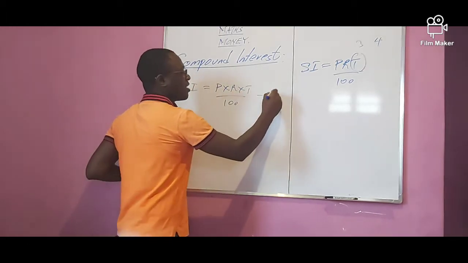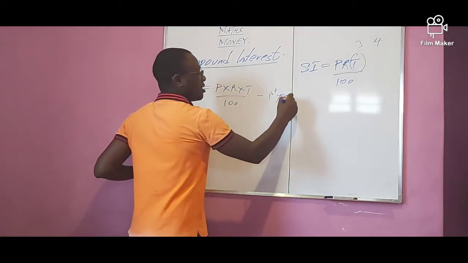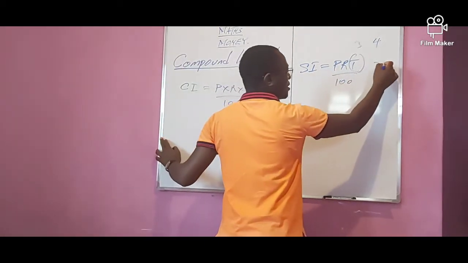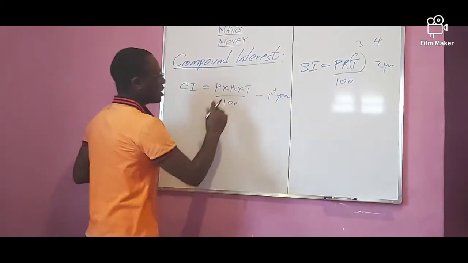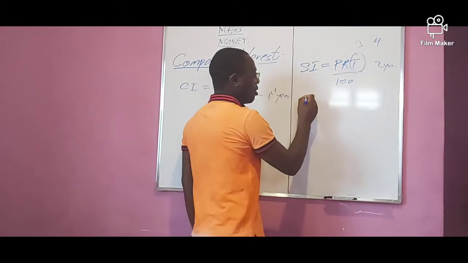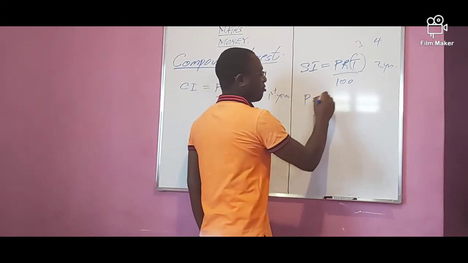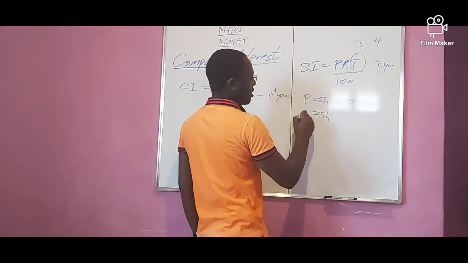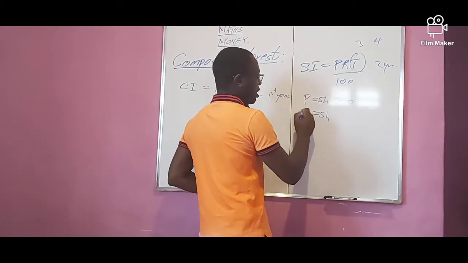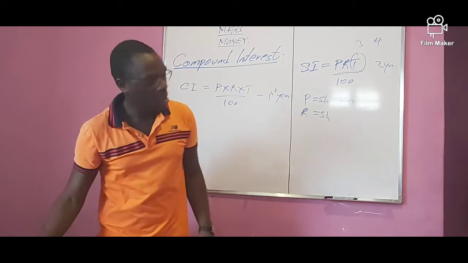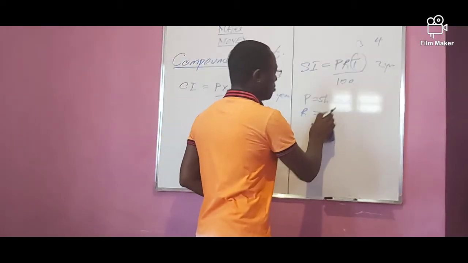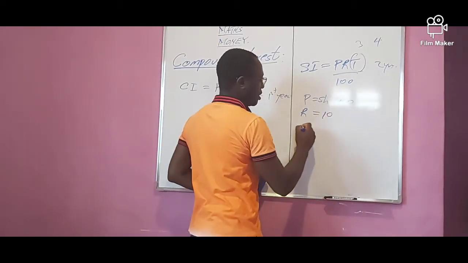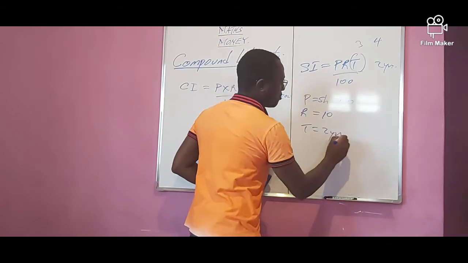This is the first year. So let's assume it was 2 years, and let's come up with a question. We are told that principal is equal to 5,000, interest rate is equal to 10%, time is equal to 2 years.